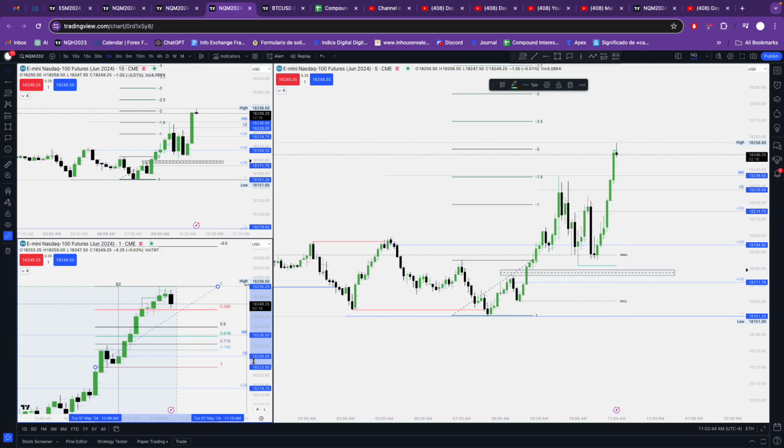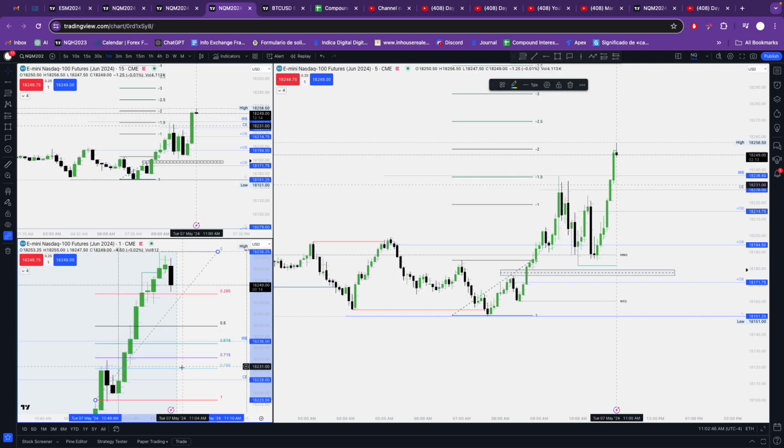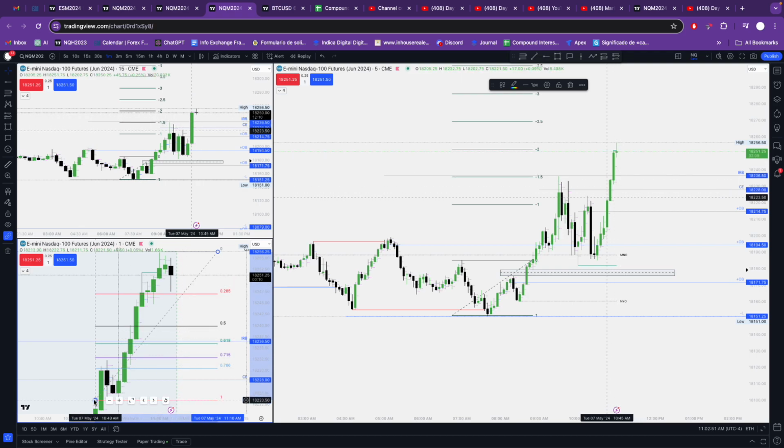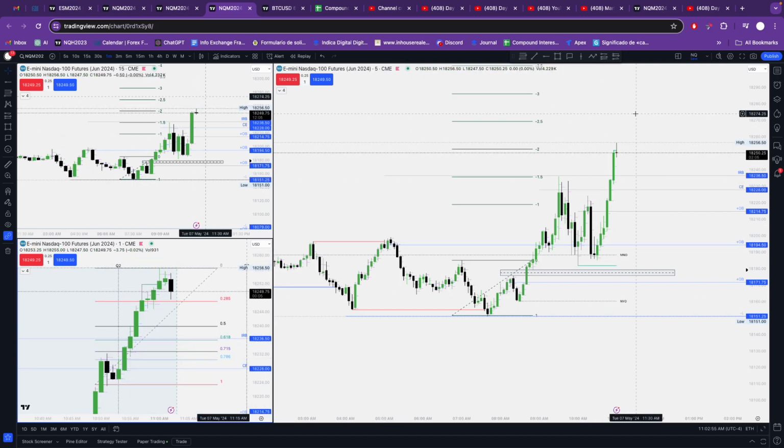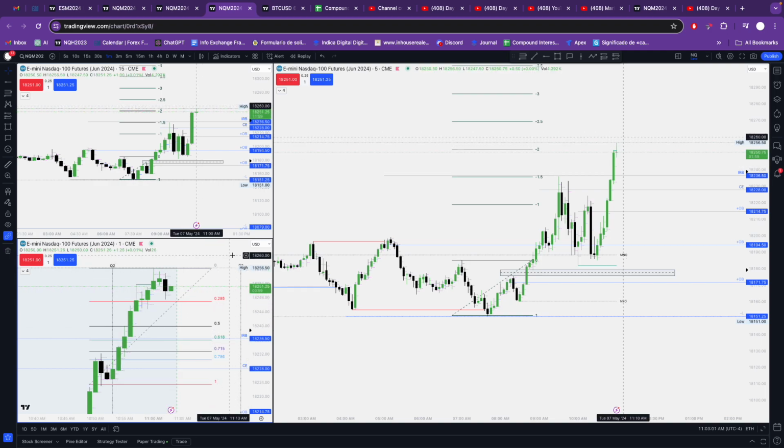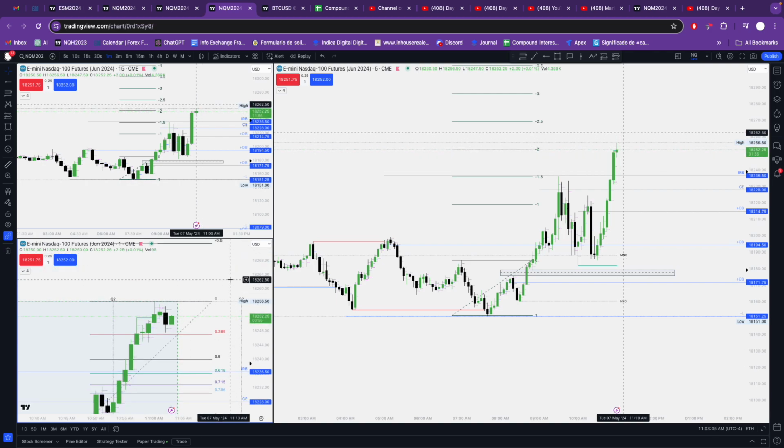This matches up pretty nicely. If we were to come down in this area, I'll be interested in that. We'll see. I'll just set an alert here. If we don't, we continue moving up. That's fine too. This is not a retracement play that I would want to consider taking.